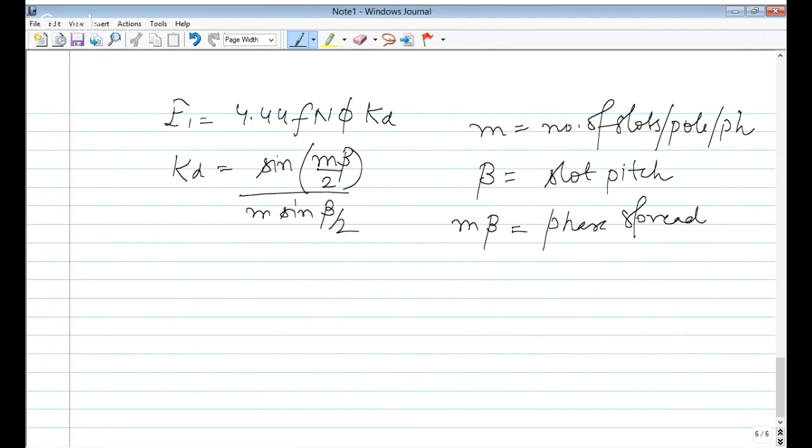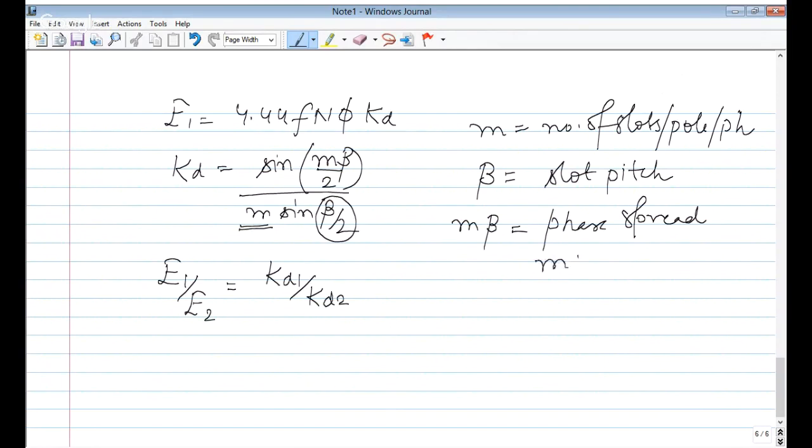Okay. So now when you want to find out the ratio of EMF, you have to see the number of turns per phase. Since the phase is kept same, only a three-phase machine. So EMF1 by EMF2 is nothing but Kd1 by Kd2. Okay. Now how to find out the Kd? Beta always remains the same, only m will change.